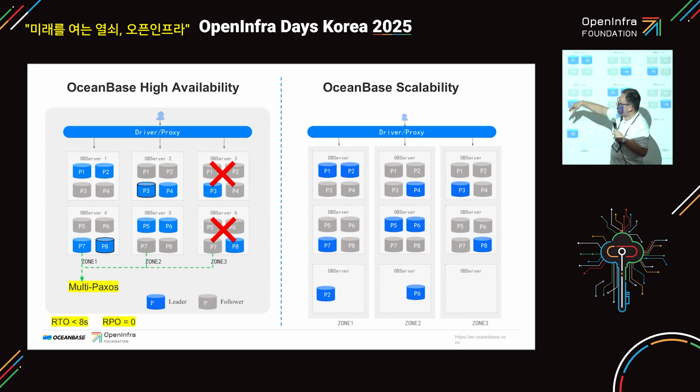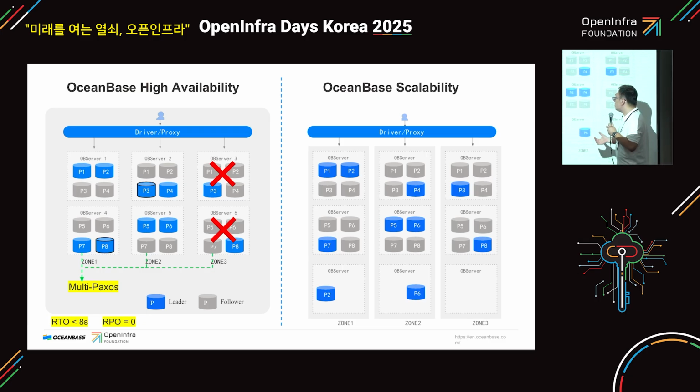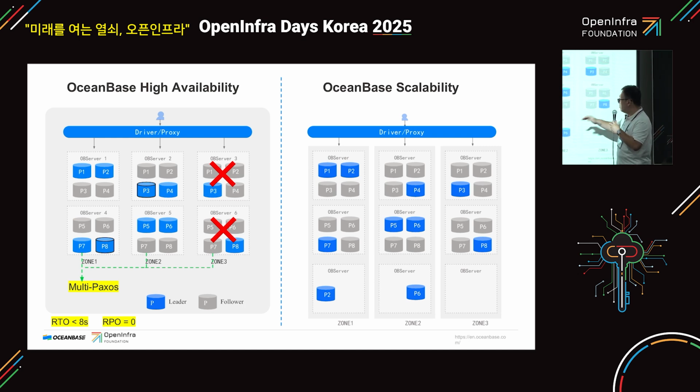So in this system, if a server node goes down, or even an availability zone becomes unavailable, the whole system can automatically recover within 8 seconds and with no data loss. On the other hand, OceanBase also supports seamless online scaling for both horizontal scaling and vertical scaling.